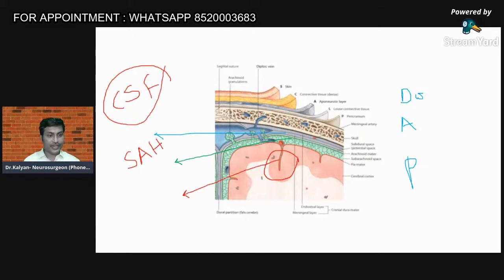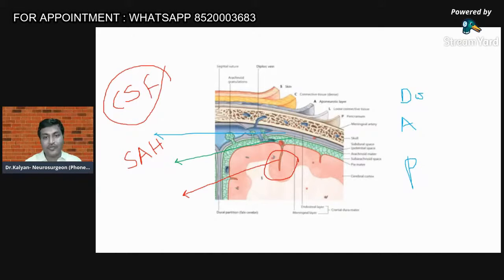Subdural bleed, no. And SAH, subarachnoid bleed, yes. So this is very important. Whenever you see blood in the sulci, the patient has a subarachnoid bleed. So you can identify sulci, identify the cisterns. If there's blood in the sulci or the cisterns, cisterns are a kind of sulci, you are dealing with a subarachnoid bleed.